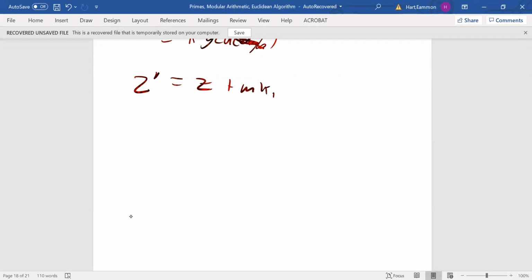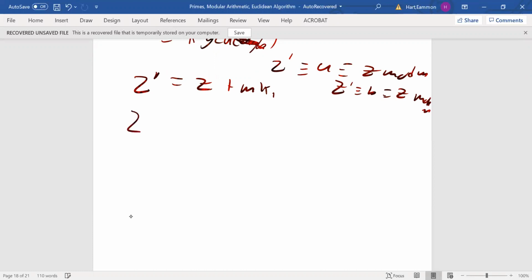We want Z prime to be congruent to A, congruent to Z mod M, and Z prime is congruent to B, congruent to Z mod N as well. So that tells us that Z prime is equal to both of these, which then tells us that these two are equivalent.